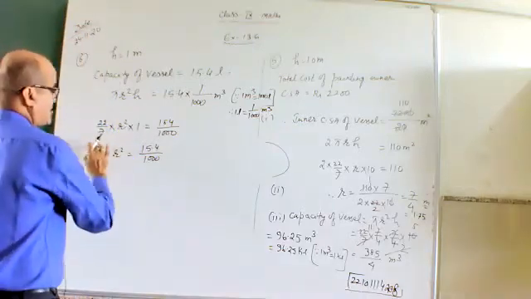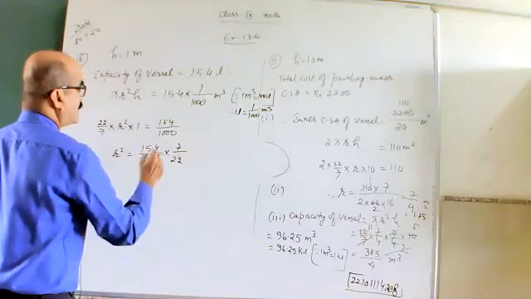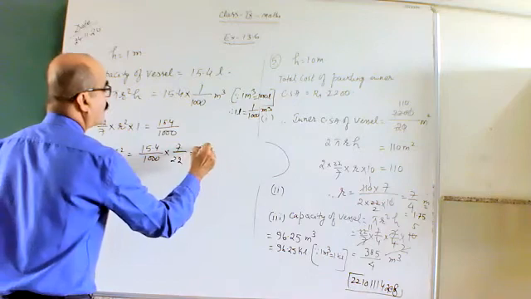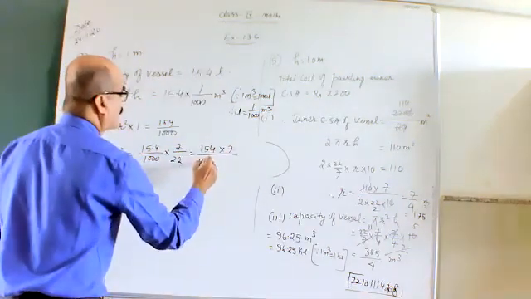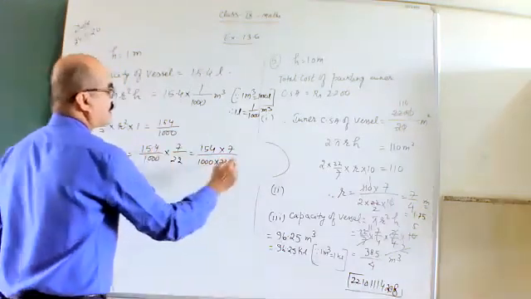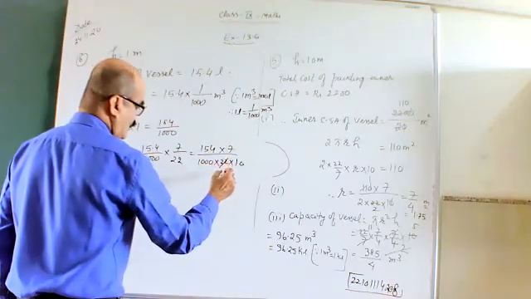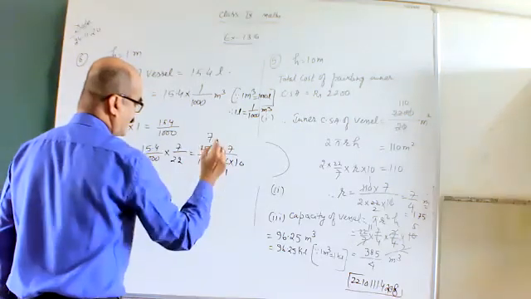And this 22 by 7 is transferred as 7 by 22. Now 154 into 7 by 1000 into 22, and since there is 1 place after the decimal, 10 comes here. Right? So 22 was 22, 22 sevens are 7.